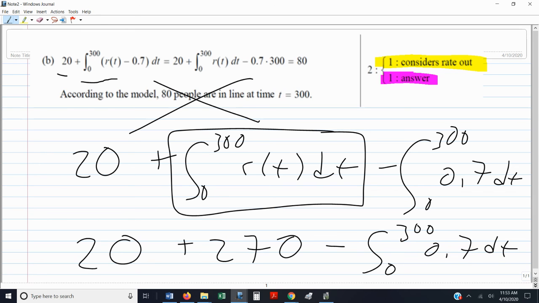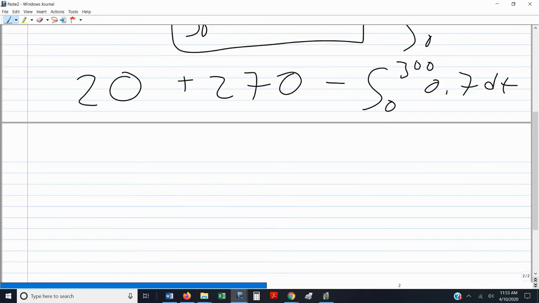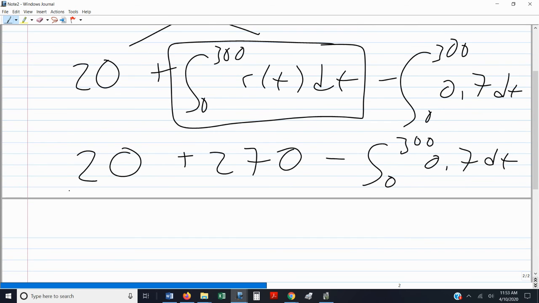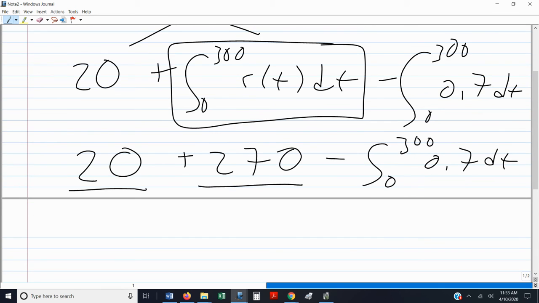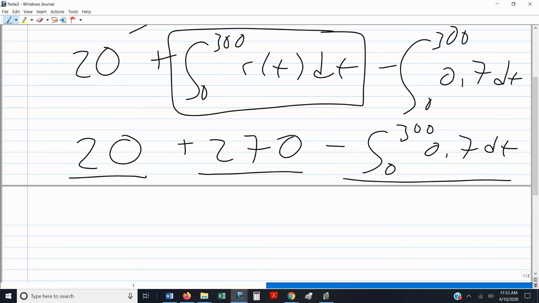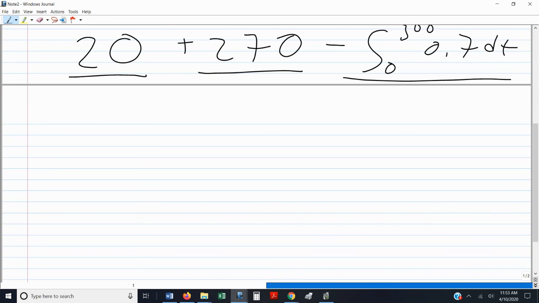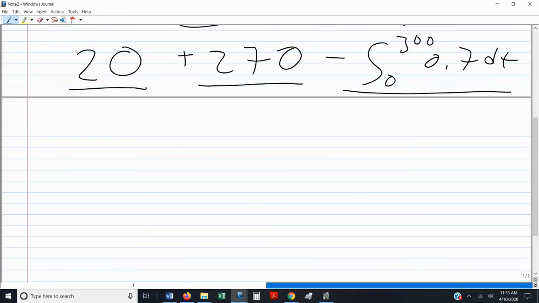And that's totally fine. So you would have had the 20 that we started with, the 270 who came in line that we figured out in part A, and then you had to subtract the people that were leaving. So that would have been fine to kind of just start with writing that expression and using the answer from part A. All right, that is it.